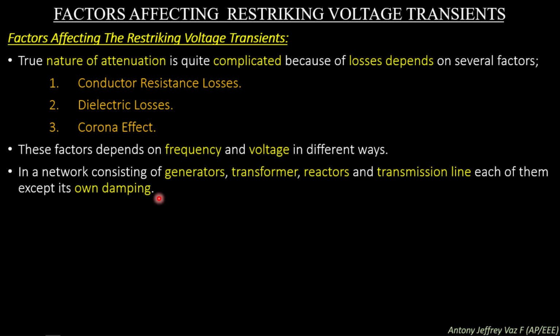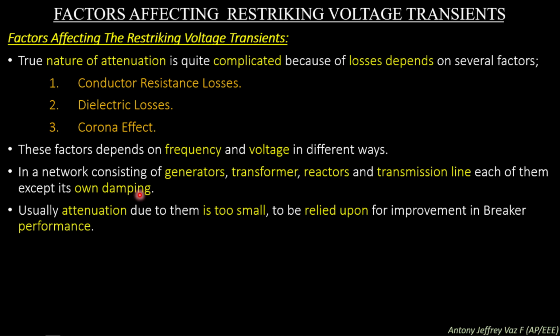Since all the devices present in the system have their own damping characteristics, the natural damping present in the system is not very effective. Usually the attenuation due to them is too small to be relied upon for improvement in breaker performance. So the circuit breaker, which is interrupting a fault, creates an oscillatory frequency known as restriking voltage. This transient oscillatory frequency should be damped.